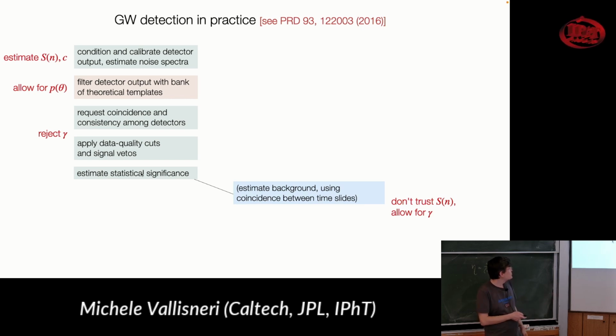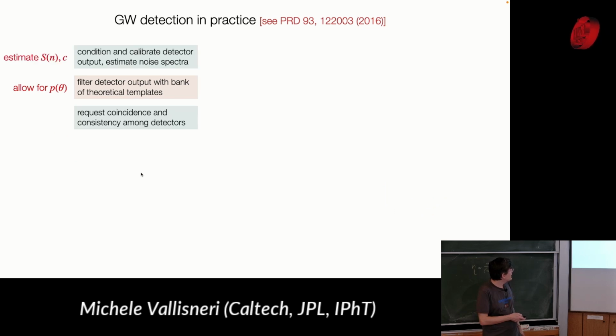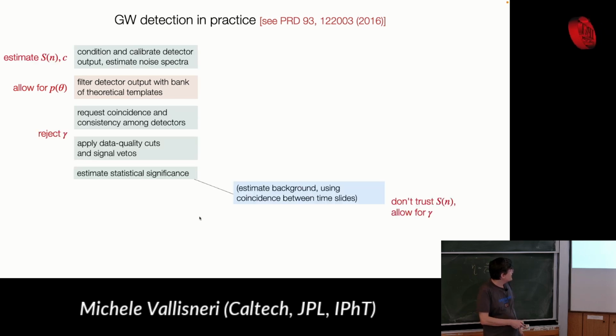So what's done is to estimate the background empirically. There are two techniques that are equivalent, but perhaps the easiest one to understand is time slides. The idea of time slides is that since we're doing coincidence between two detectors, you can look for coincidence between something that you get now and something that you get 10 seconds later.